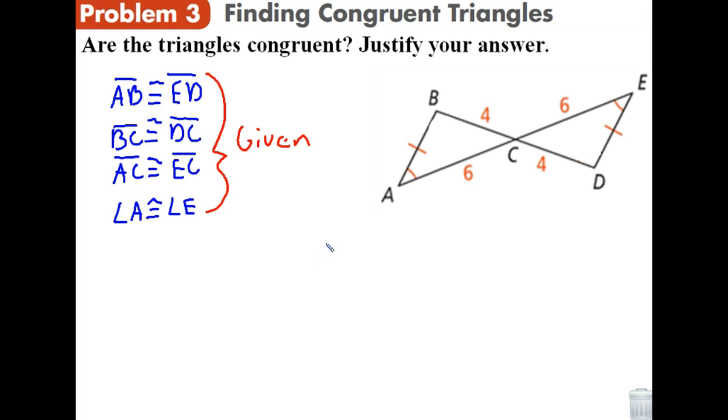What we need to do next is figure out if the other angles are congruent. I'm going to say that they are. In the middle, I have a pair of vertical angles, and we know that vertical angles are congruent. So I can say that angle ACB is congruent to angle ECD, because they're vertical.